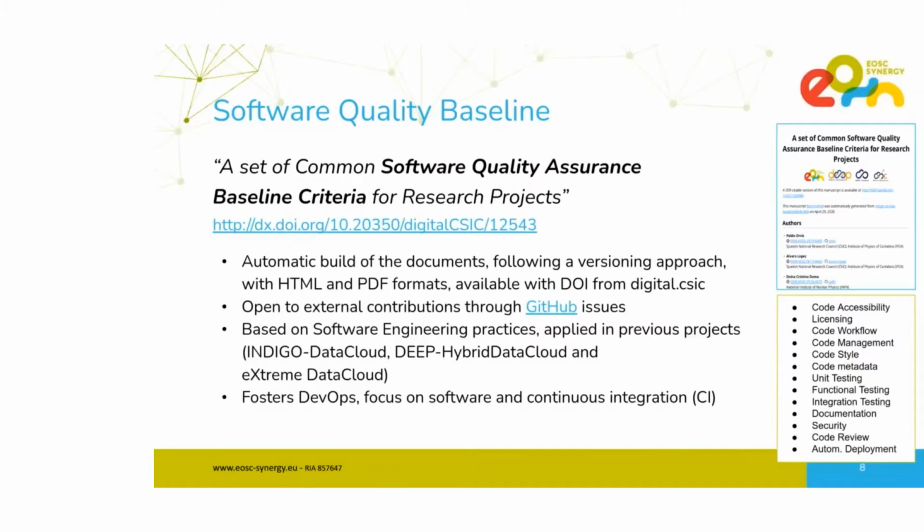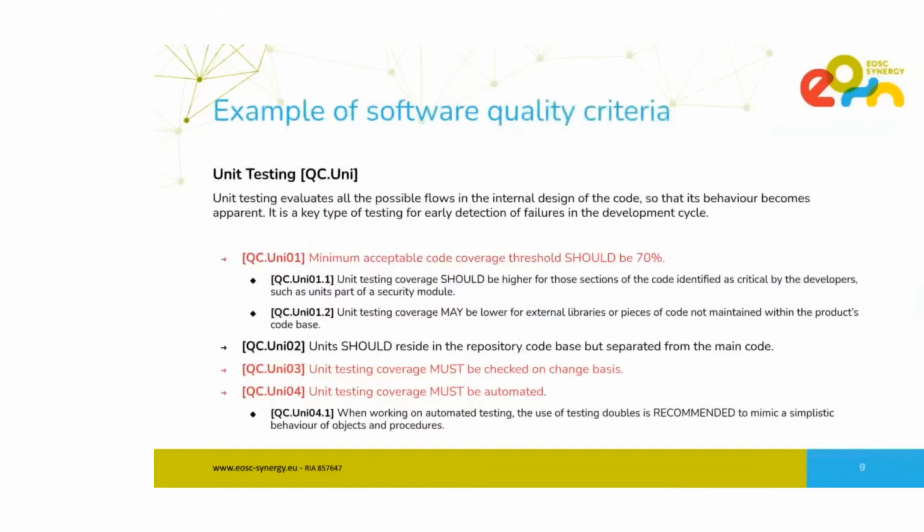Here is an example of what is described in the document for unit testing: the minimum acceptable code coverage threshold should be 70%, the unit testing coverage must be checked on change basis, when there is a new version of the code. There must be automatic testing for the test coverage, and this has to be automated.